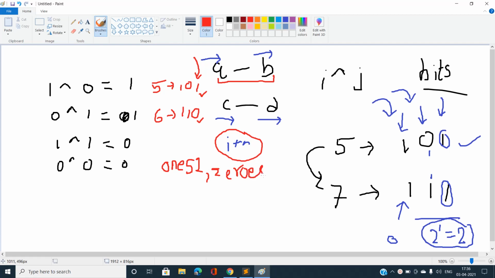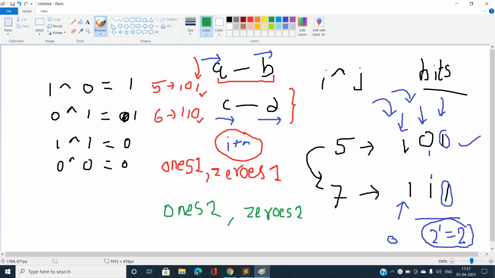Similarly, I'm going to calculate for the range C to D also: the number of numbers whose ith bit position is 1, let's call it ones 2. And the number of numbers in the range C to D, both inclusive, whose ith bit position is 0, let's call it zeros 2.